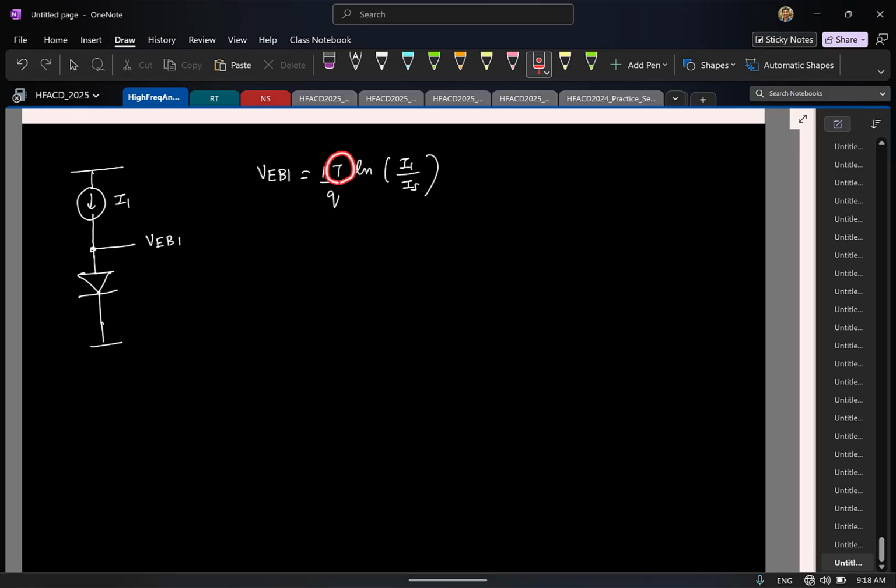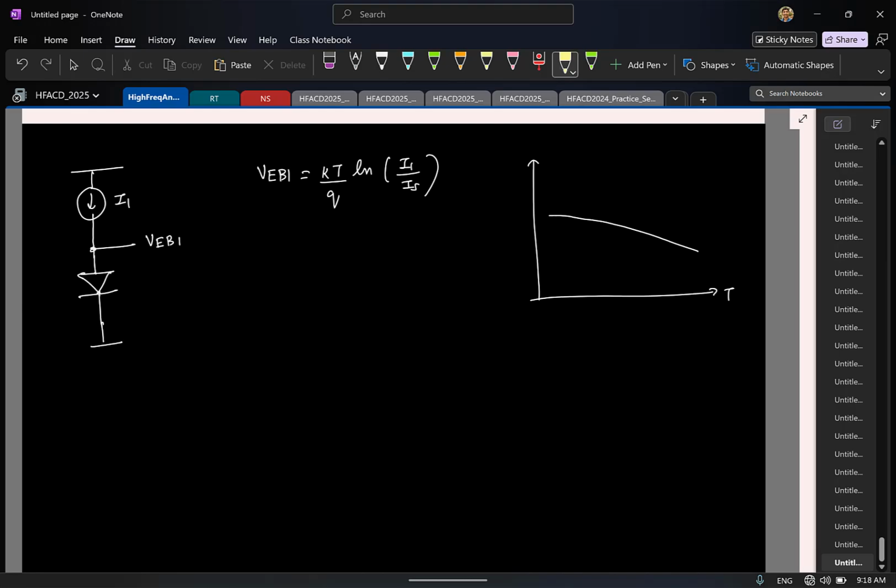Because of this temperature T, we suspect it increases, but it turns out this IS has a strong dependence on temperature. Because of this, if you actually measure the voltage as a function of temperature, you see that it goes down like this.